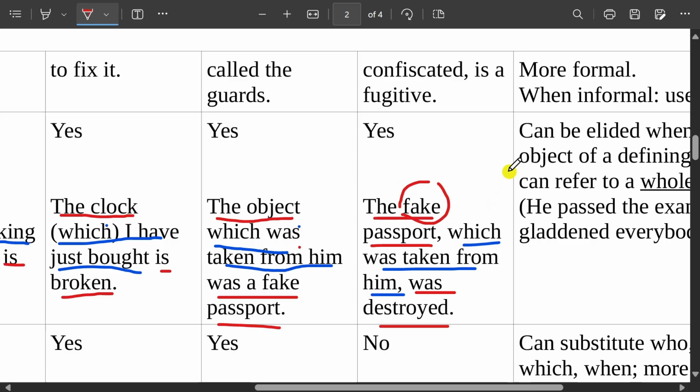So this adjective already makes this passport more specific. So you know which one you're talking about. So the relative clause becomes a non-defining relative clause. It modifies the passport, but it's not essential. It just adds more information about the passport. So: the fake passport, which was taken from him, was destroyed.